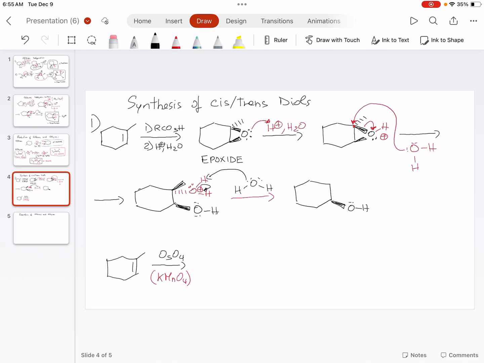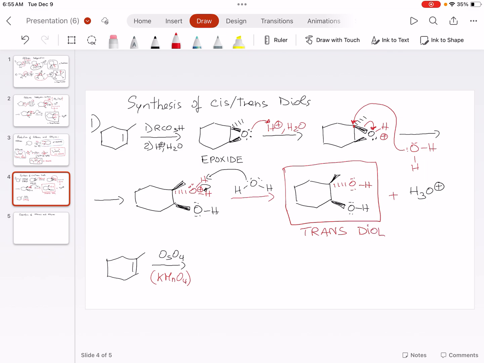which basically is going to be a compound where the double bond now has two hydroxy groups, which are trans to each other. So this compound is our major product. It's called a trans diol.